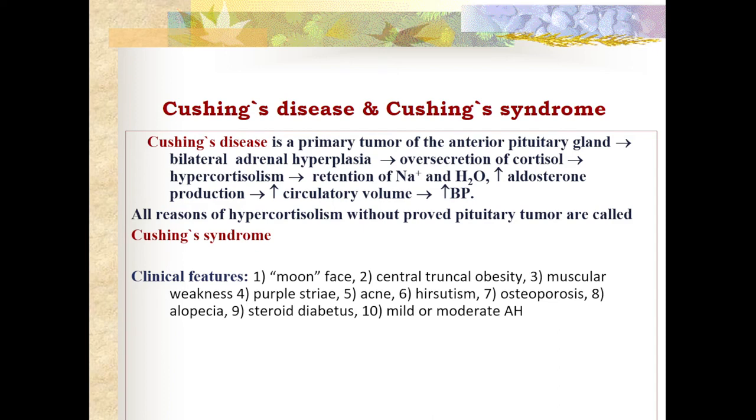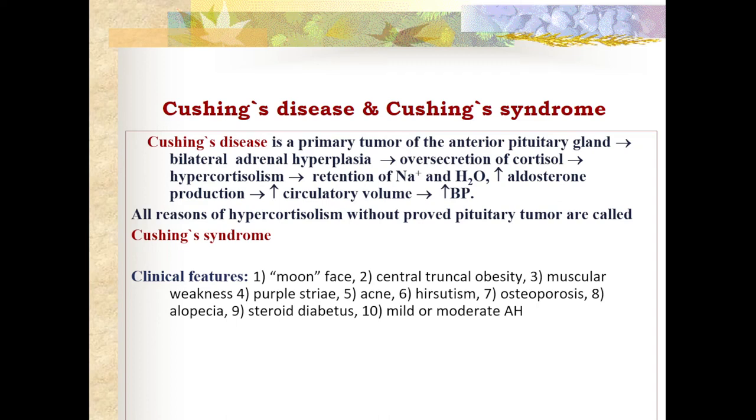Increased circulatory volume causes arterial hypertension. All reasons of hypercortisolism without proved pituitary tumor are called Cushing syndrome.